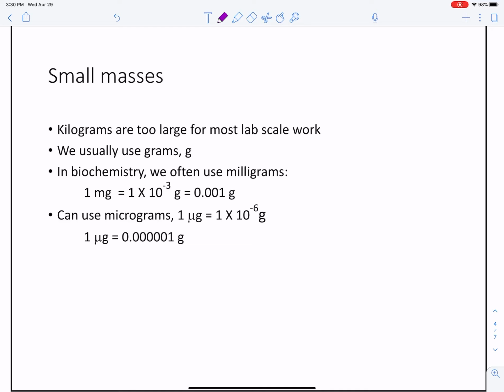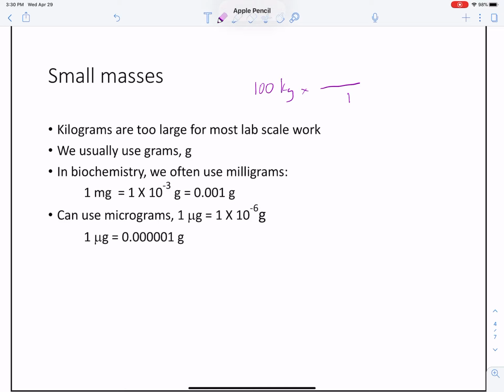Now, for small masses, you have to use something different. For small masses, we'll use grams. If that same person who weighed 100 kilograms, if we were to take that and convert it into grams, remember, we've got to get rid of the kilograms, right?